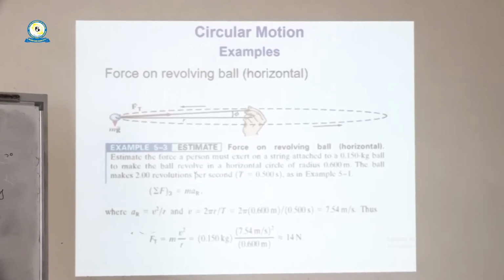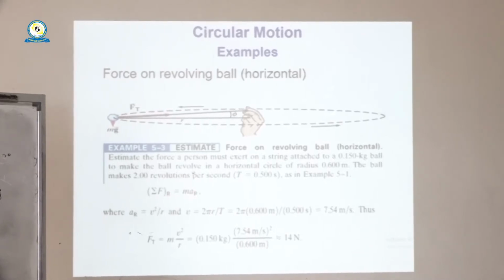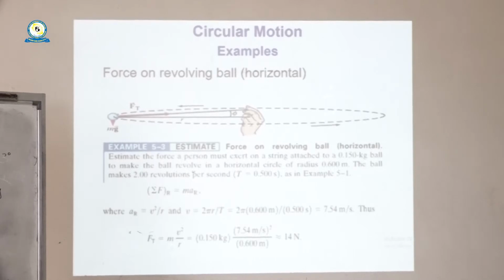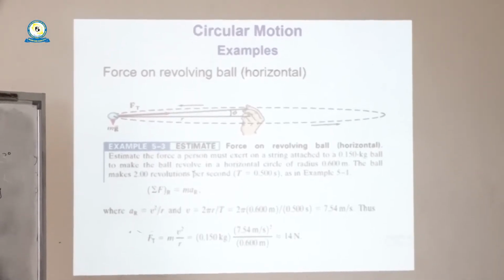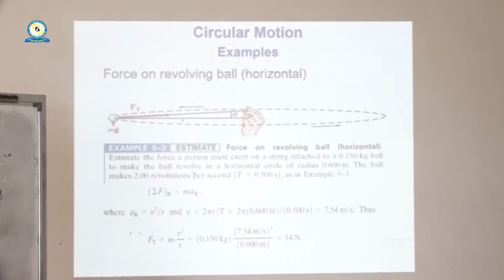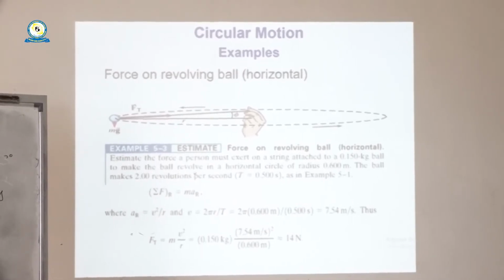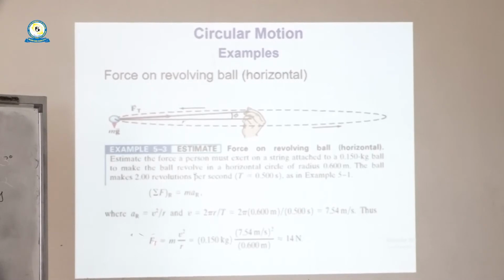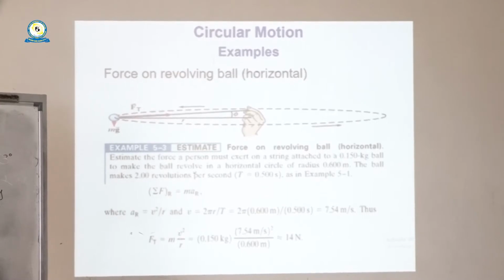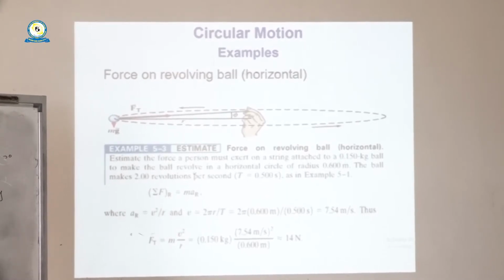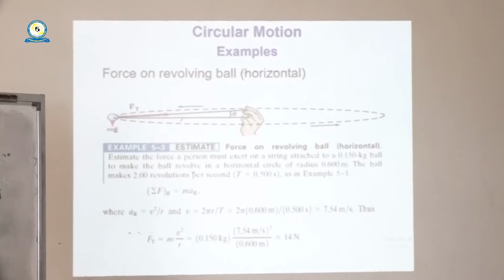Summation of forces is equal to ma, m a_r. This is the centripetal acceleration, where r, we know this formula and we know period is this one. Force Ft, tension there, Ft is equal to ma, a is v squared over r.